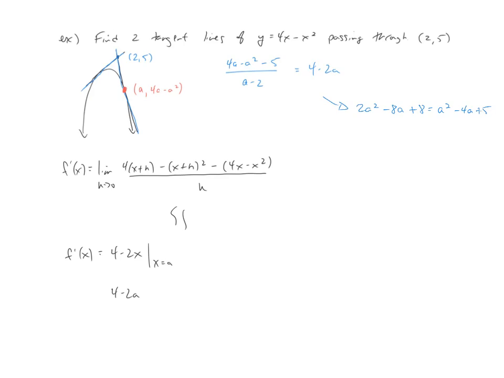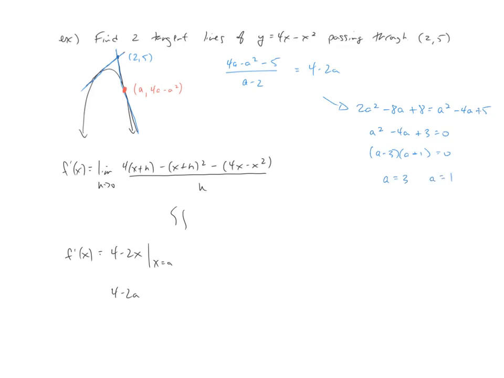I'll take that down one step further, and that'll give us a squared minus 4a plus 3, still set equal to 0, in which case now we can factor this into (a minus 3)(a minus 1), so that a equals 3 and a equals 1.